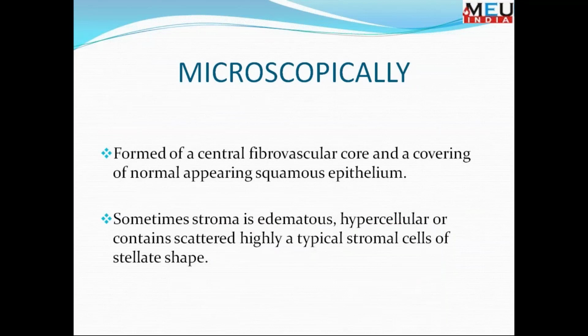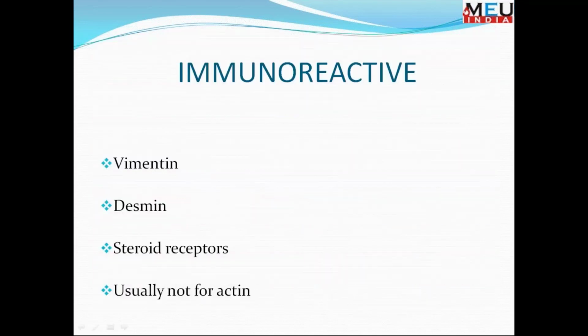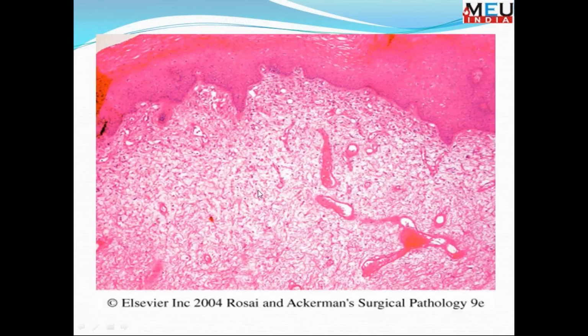Microscopically, there is a central fibrovascular core and a covering of normal-appearing squamous epithelium, and the stroma is edematous, hypercellular, or contains scattered atypical stromal cells of stellate type. This is the picture, the fibrovascular core.